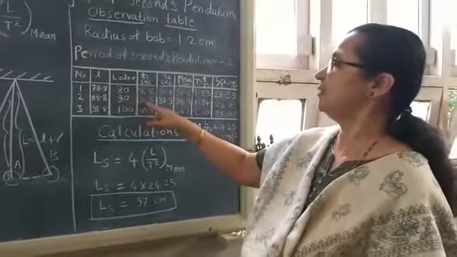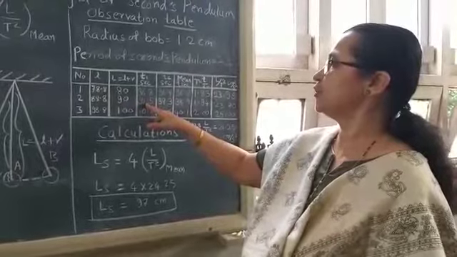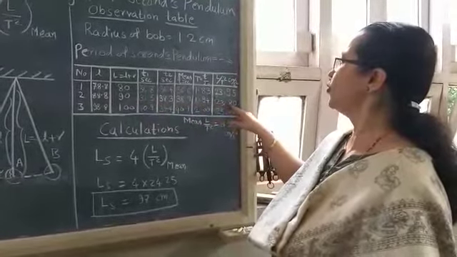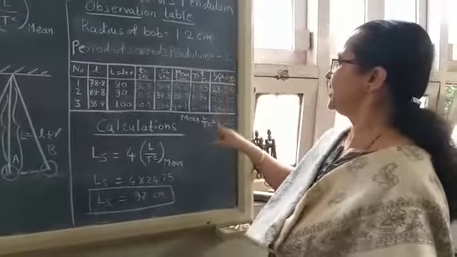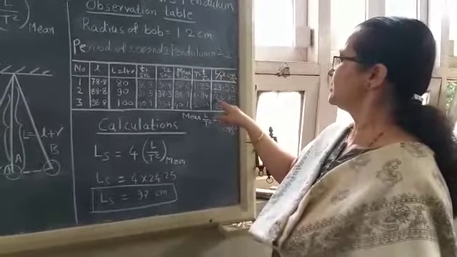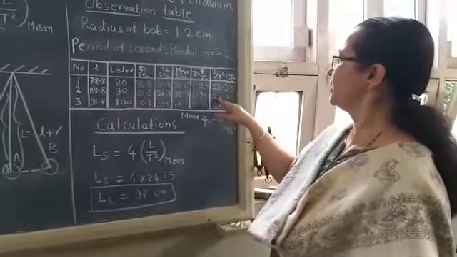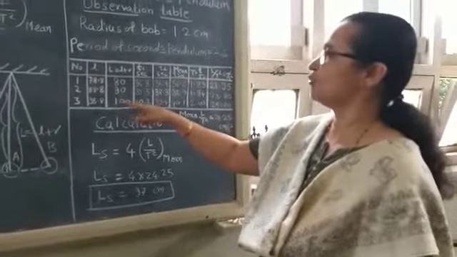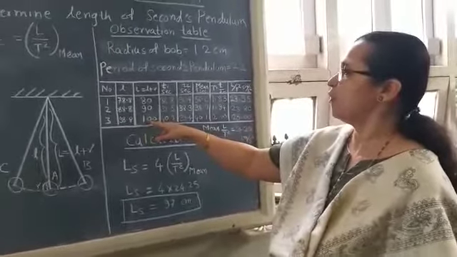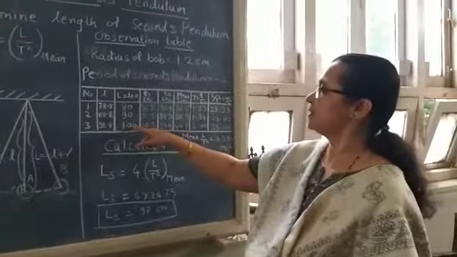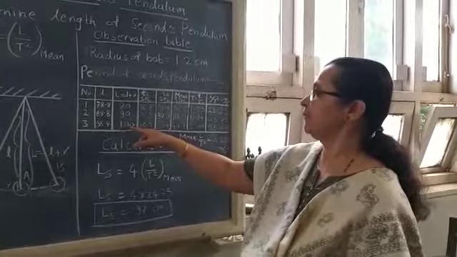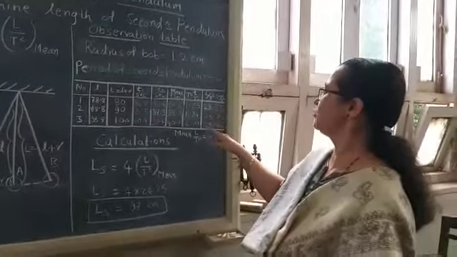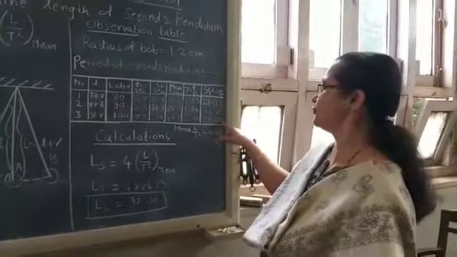Again we measure the time required for 20 oscillations and again we find the ratio L by T square. This time the ratio is 23.80. We take a third observation also, for a simple pendulum length of 100 centimeter, and in this case the ratio L by T square comes out to be 25.00.